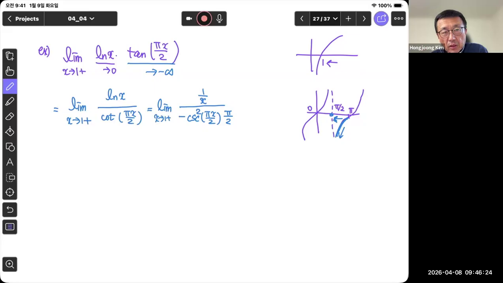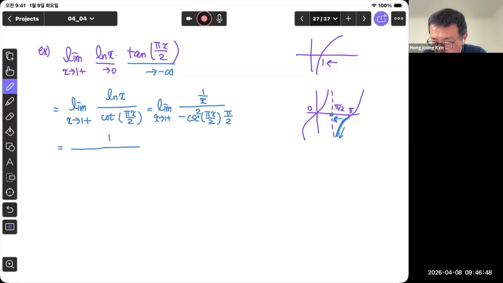The numerator 1 over x approaches the value 1. And what is the limit of cosecant pi x over 2? You need to remember the cosecant is the reciprocal of sine, and sine pi half is 1.